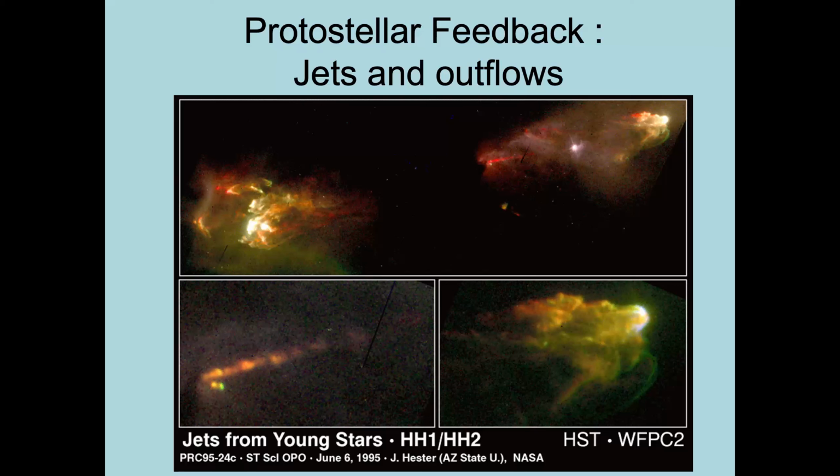And then you can estimate this accretion luminosity. You have the luminosity of your protostar, and you can derive from the equation that I showed you what should be expected, assuming that the size of your protostar is relatively well known.